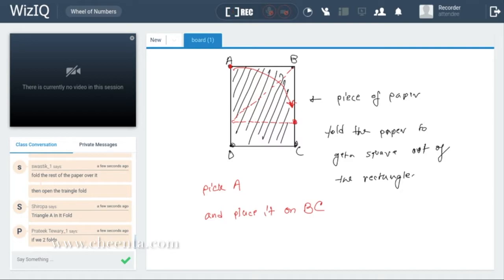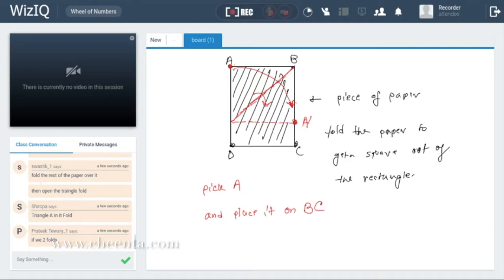And your A will be somewhere here. Do you see what I'm saying? All of you? I'm folding around the diagonal. I'm folding in a way that A falls on BC. Let's call it A prime.